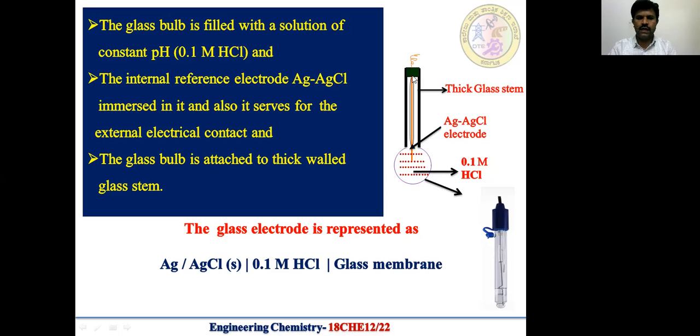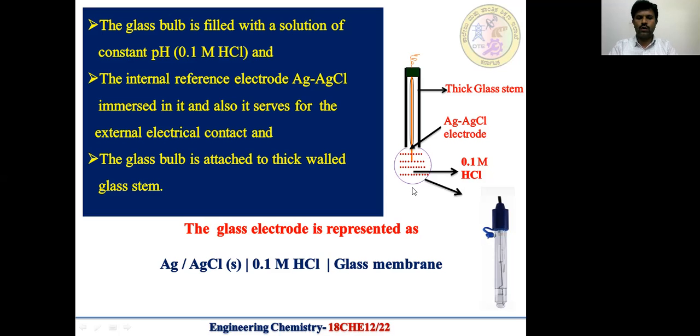This reference electrode serves for the external electrical contact, and the glass bulb is attached to a thick walled glass stem. So this is about the construction of the glass electrode.